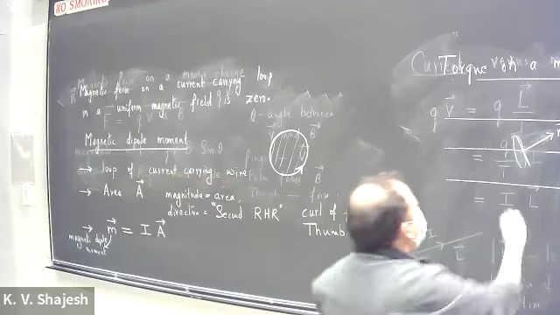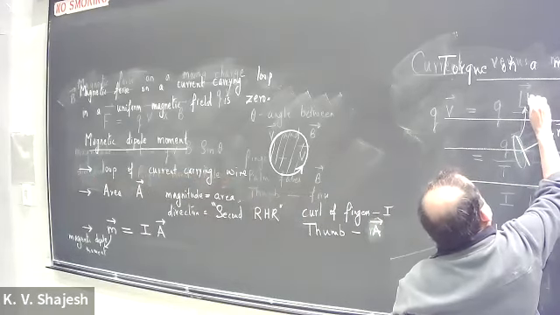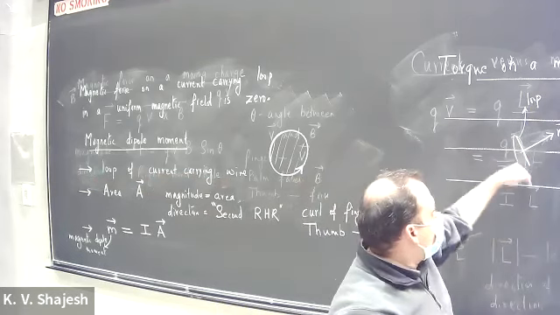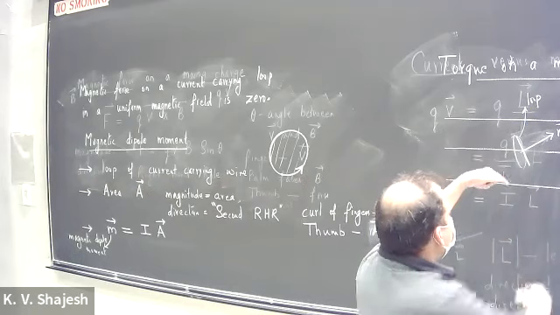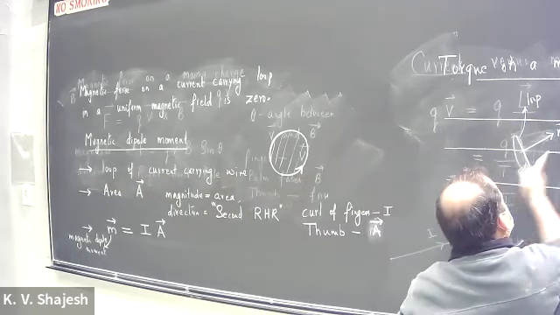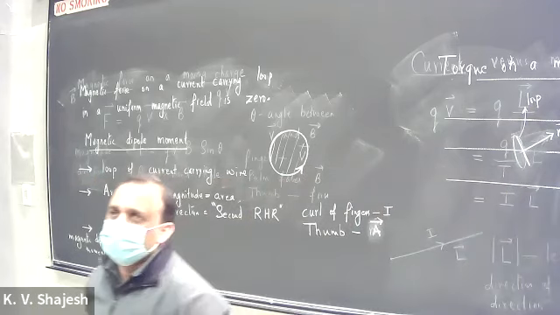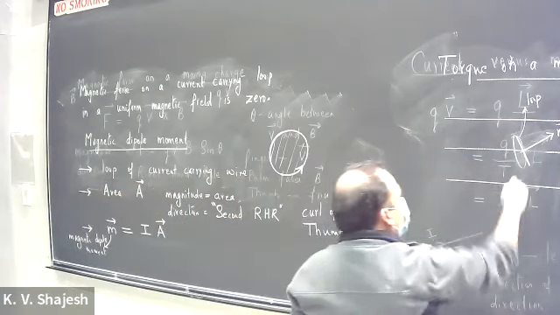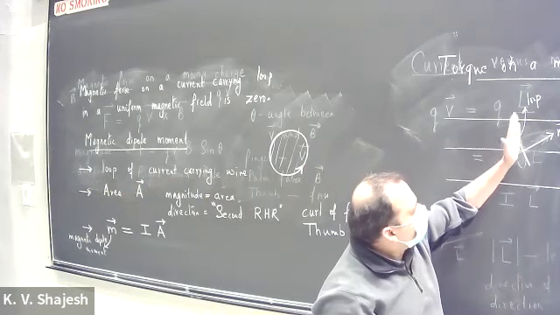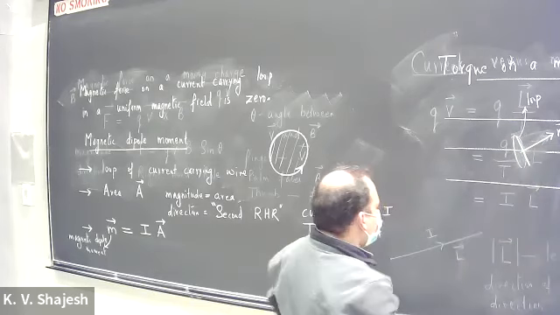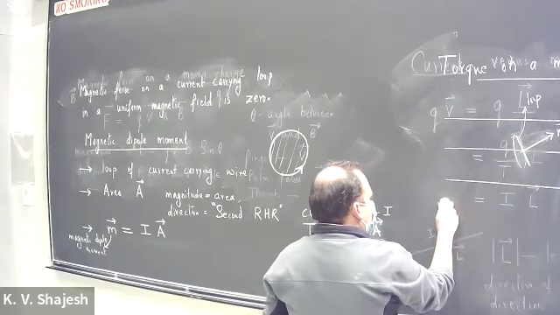So this is the loop of wire, which from the top view is just showing up as a line. The current is going in this direction, so the area vector is this way, and the magnetic moment is exactly in that same direction. And now you ask, what is the torque on this? The simple idea is that the magnetic moment tries to align with the magnetic field. That's the basic idea as far as physical intuition goes.